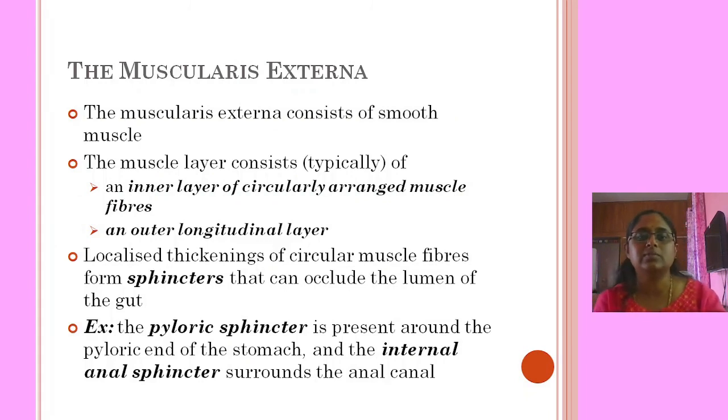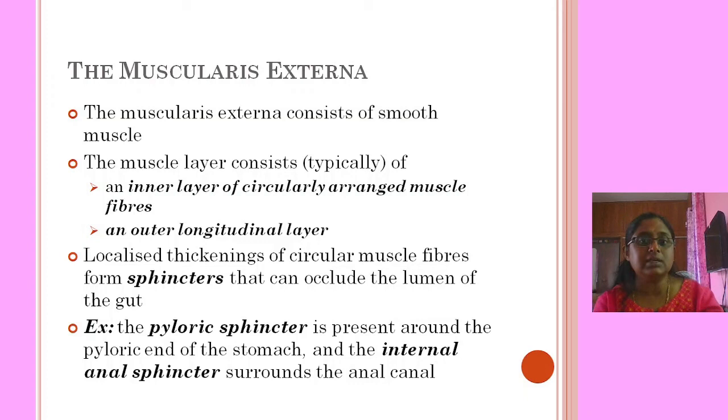And then comes the muscularis externa, which consists of smooth muscles. It is divided into two layers: an inner layer of circularly arranged muscle fibers and an outer longitudinal layer.